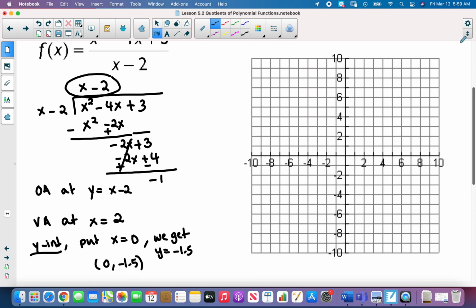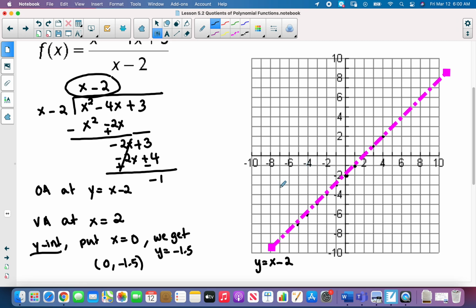Let's just draw the oblique asymptote y equals x minus 2. So it has a y-intercept of negative 2 and a slope of 1. So that's our oblique asymptote at y equals x minus 2.